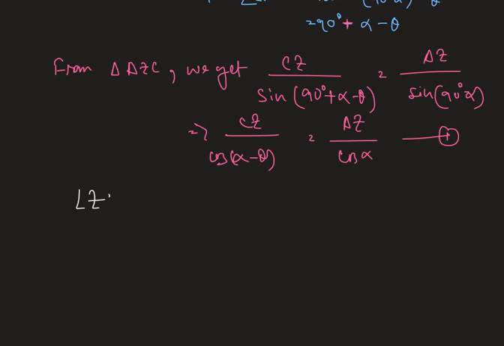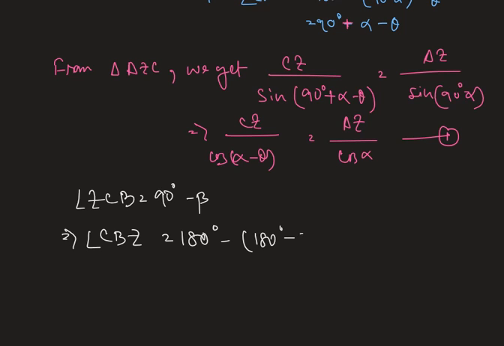Now, angle ZCB is equal to 90 degrees minus beta, and this implies angle CBZ is equal to 180 degrees minus 180 degrees minus theta minus 90 minus beta.